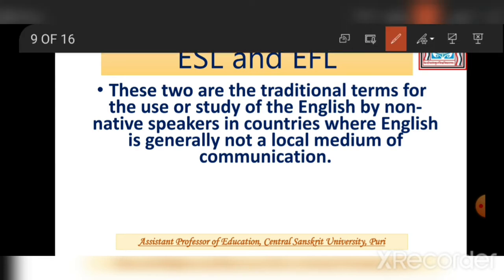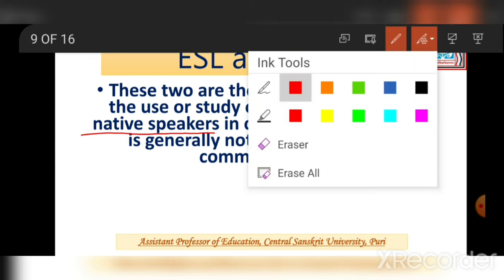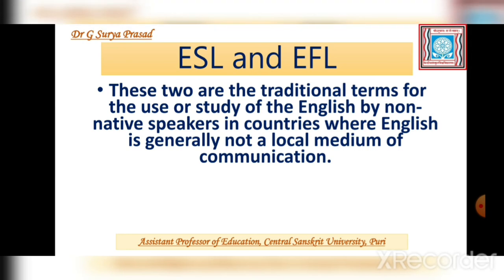If English is a native language and the speakers are native speakers, then only one term is there, that is ENL. So if ESL or EFL terms are there, then we can simply understand that the study of English will be by non-native speakers.